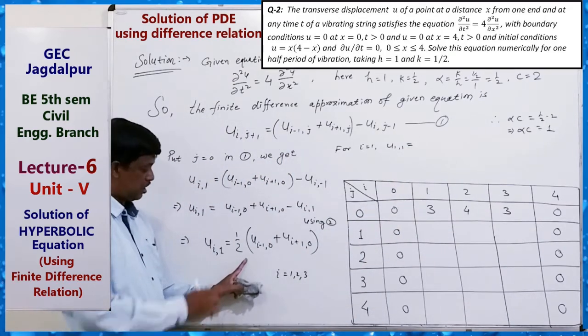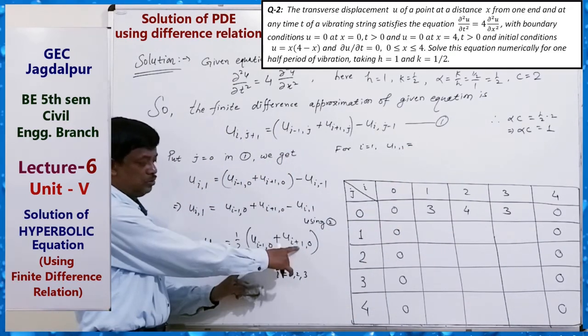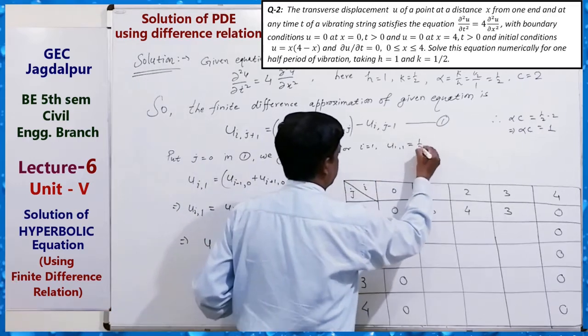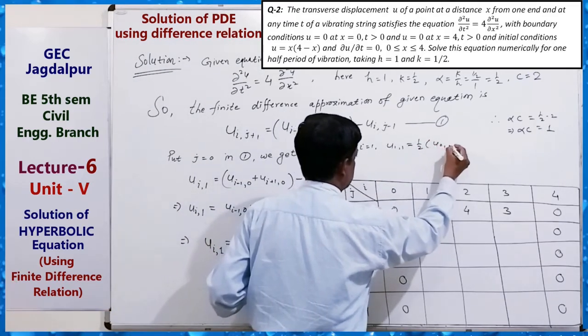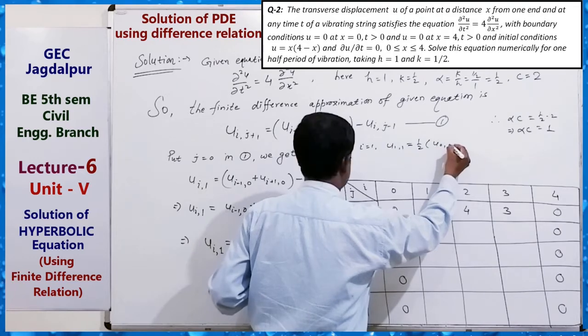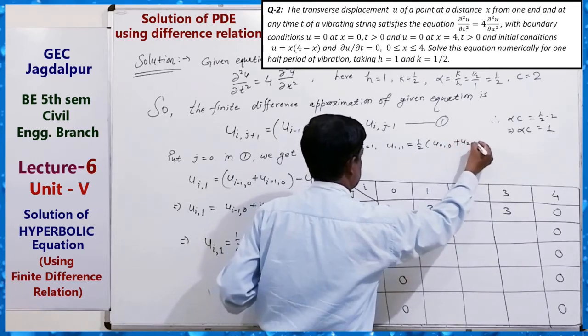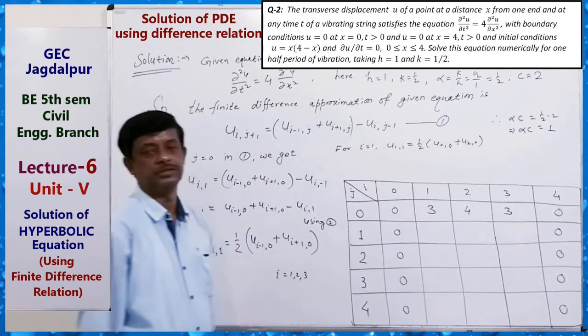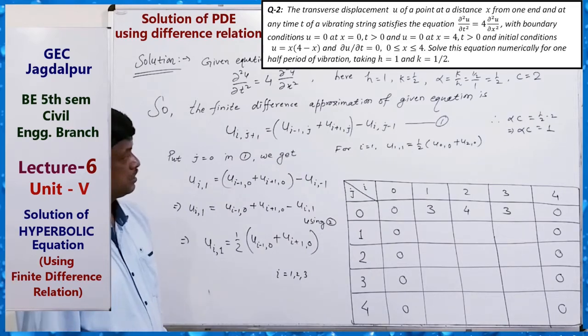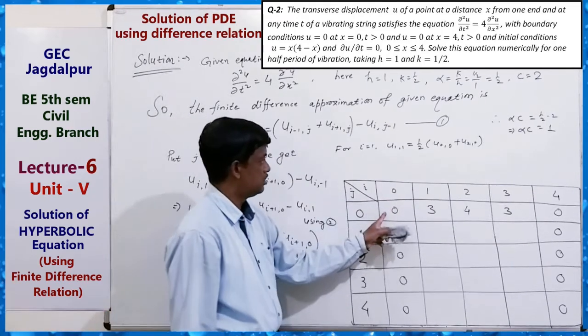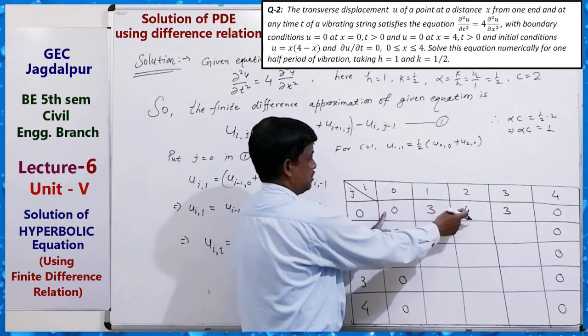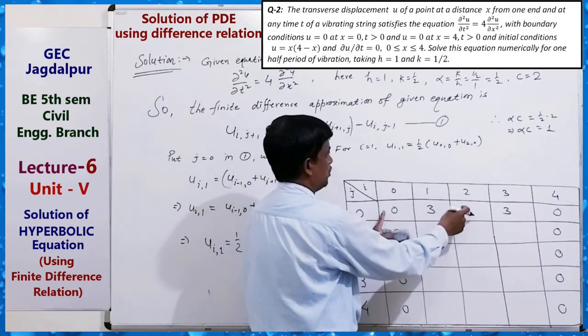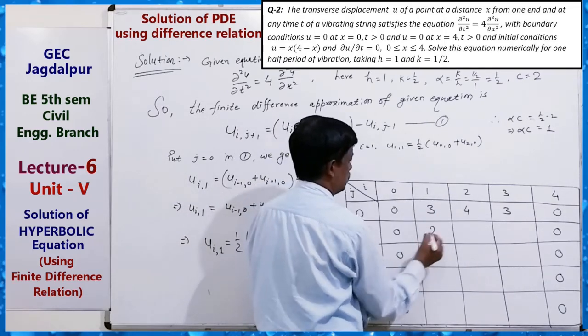Half, i equals 1. So u(0,0) plus u(2,0). That is, u(0,0) means this, u(2,0) means this. So 0 plus 4 by 2 is 2.